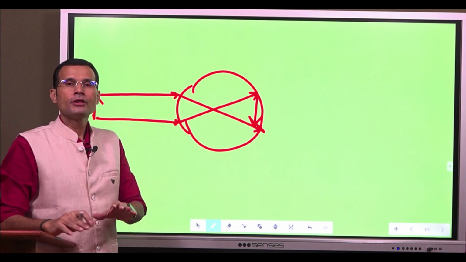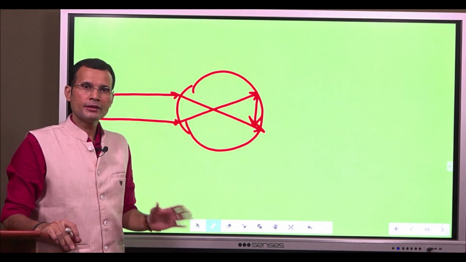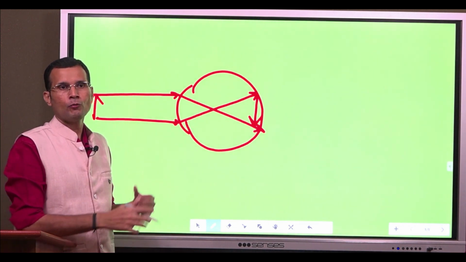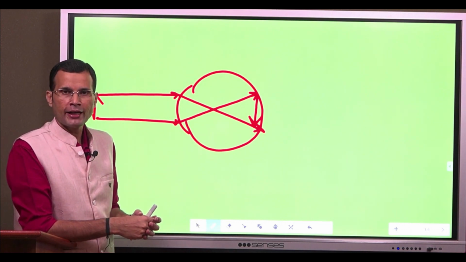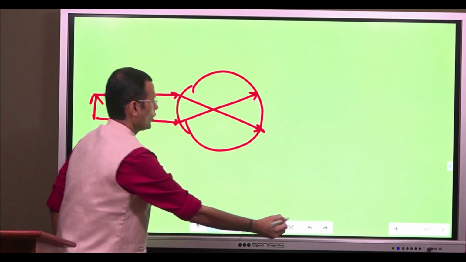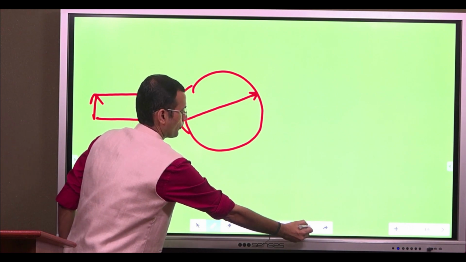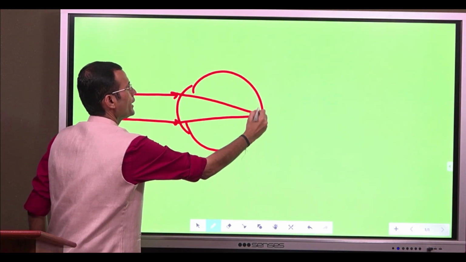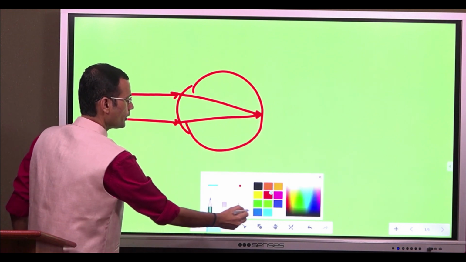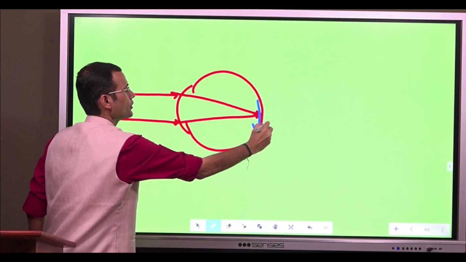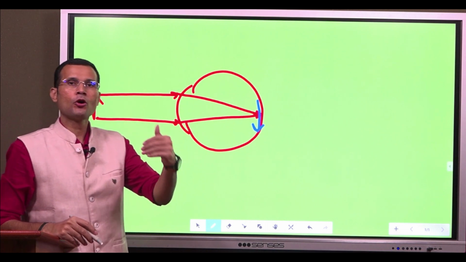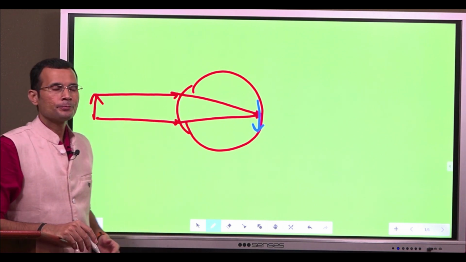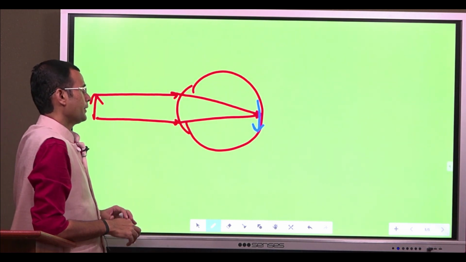But just to have a simplistic model to understand the refraction, for now we will draw it like this. The image is automatically formed on the retina for an object which is at 6 meters or beyond 6 meters from the eye.